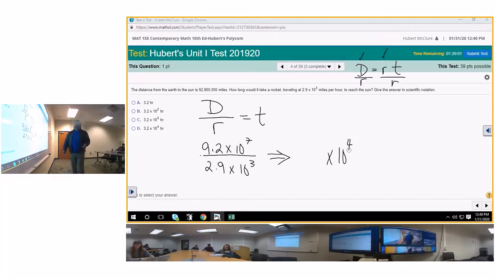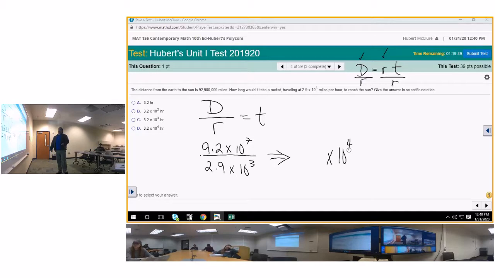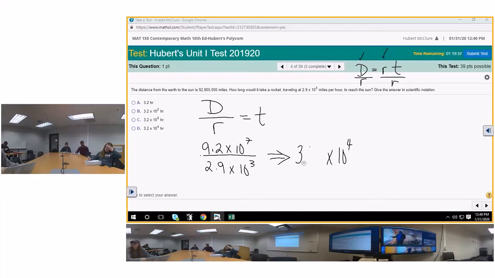Somebody tell me what 9 times, let's see, I believe that's 3, no, couldn't be 3, because that would be 11.7, no, 8.7. No, 8.7. So somebody, what is 9.2 divided by 2.9? 3.17. 3.17.